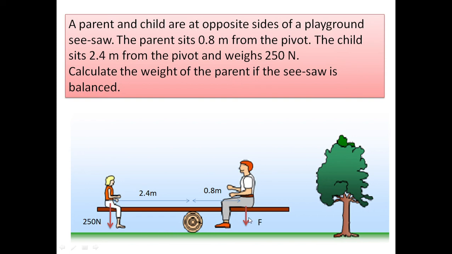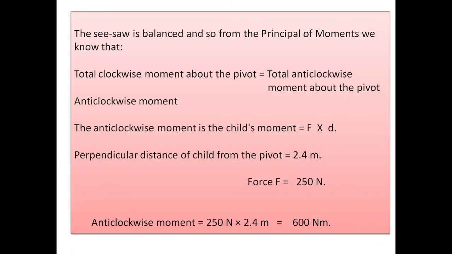Calculate the weight of the parent if the seesaw is balanced. If the seesaw is balanced, you have to calculate the weight of the parent. Shall we do the calculations? Look at this. The seesaw is balanced, and so from the principle of moments, we know that total clockwise moment about the pivot is equal to the total anti-clockwise moment about the pivot.